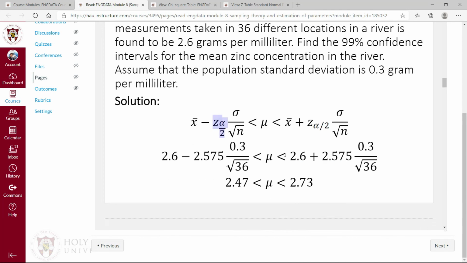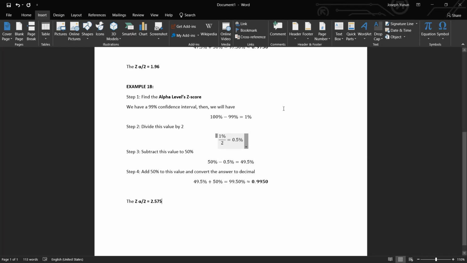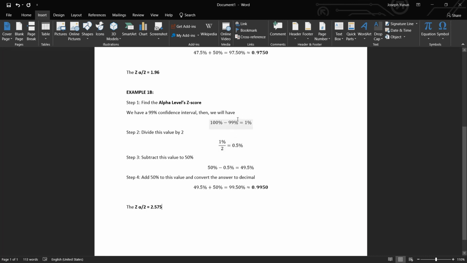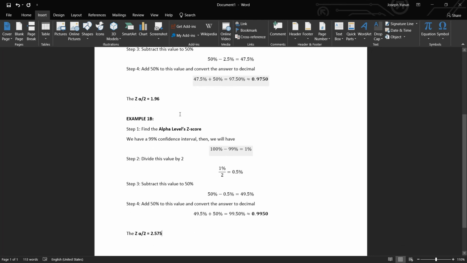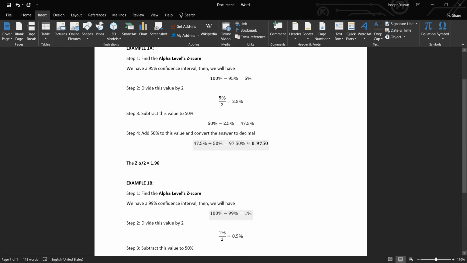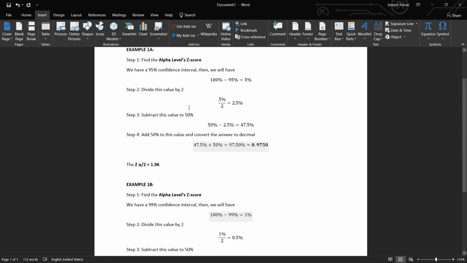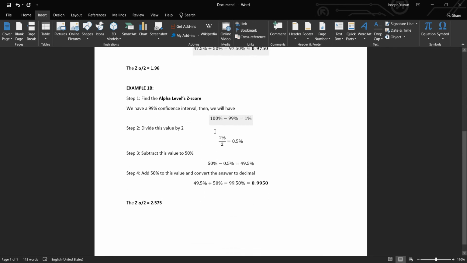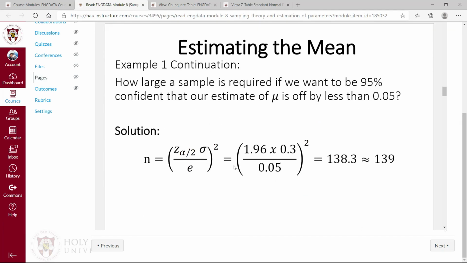By the way, I will also upload this Word file so that you have a copy of this one. Then, estimating the mean, continuation of problem 1. Let's say this is example 1C.